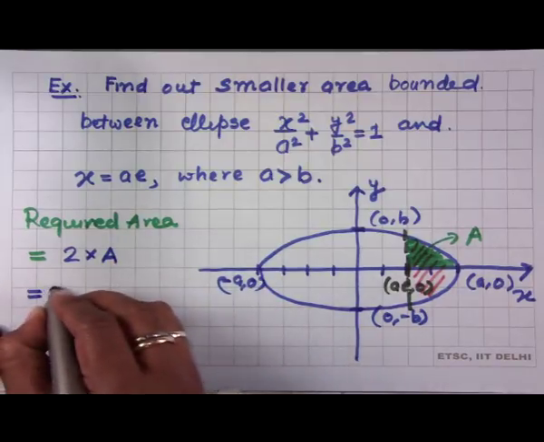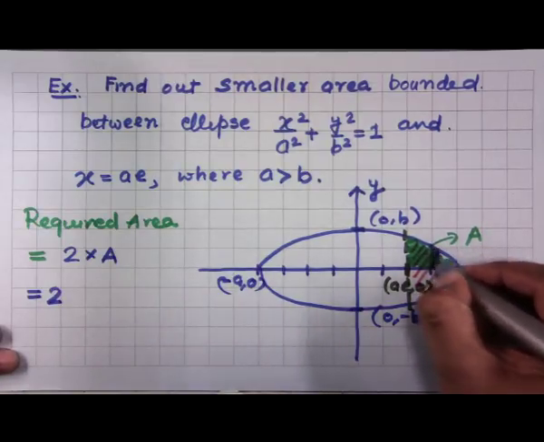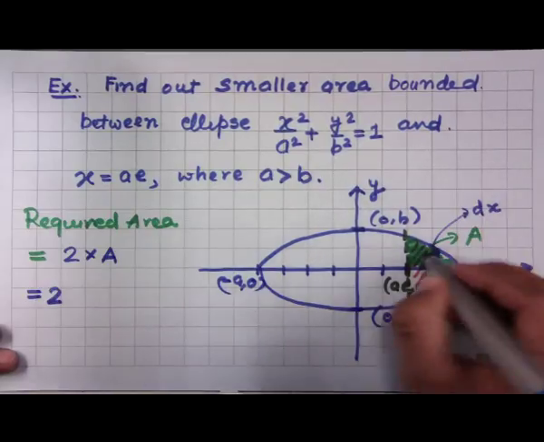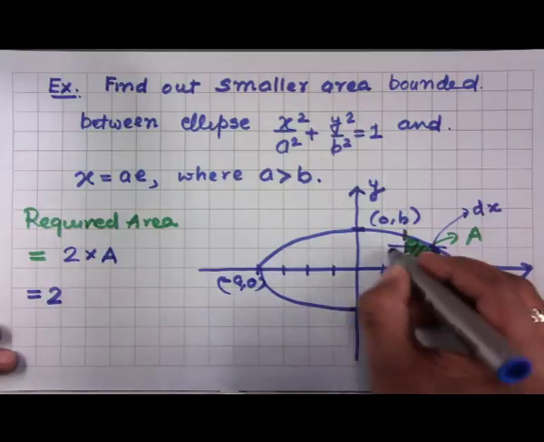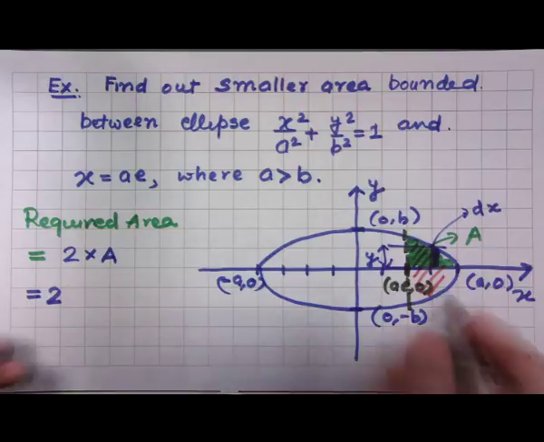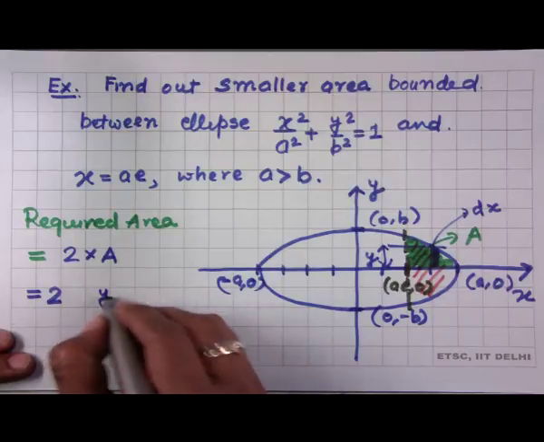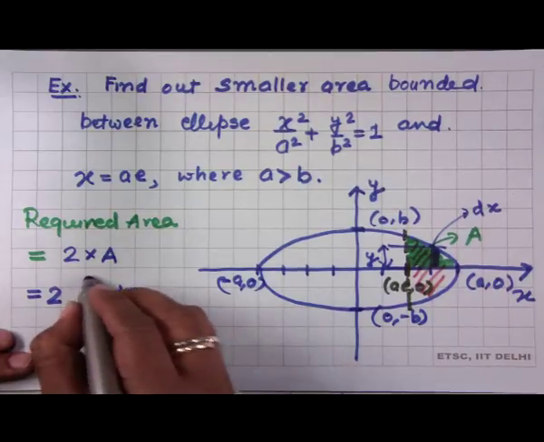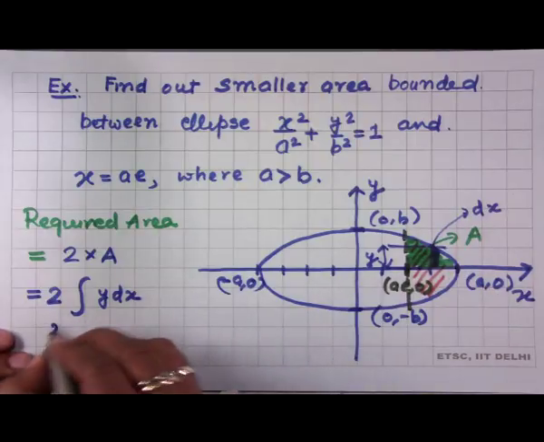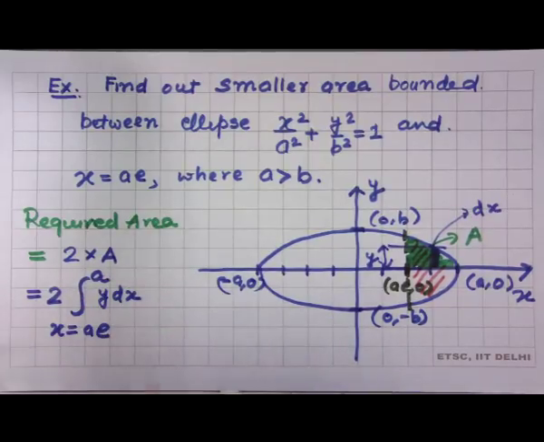Now if you consider a vertical strip here whose width is dx, the height will be governed by the equation of the ellipse. So, the elementary area will be y dx, and if you integrate it for x from minimum to maximum, that is x equals to ae to x equals to a, you get the required area.